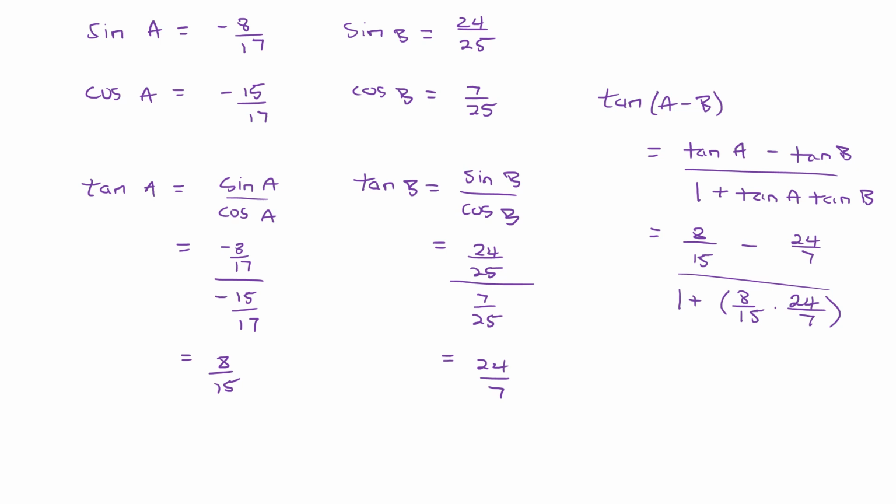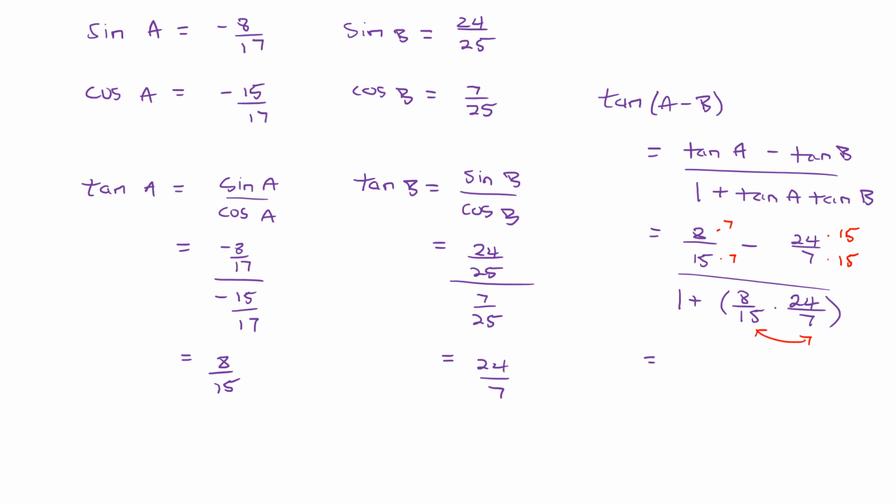So in the numerator, we can get common denominators by multiplying our first fraction by 7 in the numerator and the denominator, and then our second fraction by 15 in the numerator and denominator. Then in the denominator, we are going to multiply across.